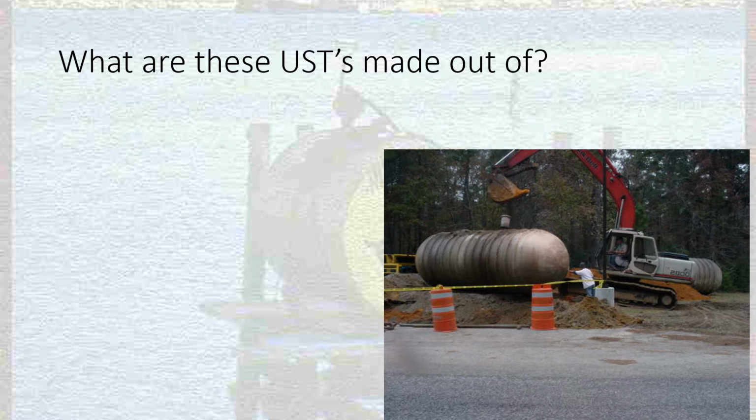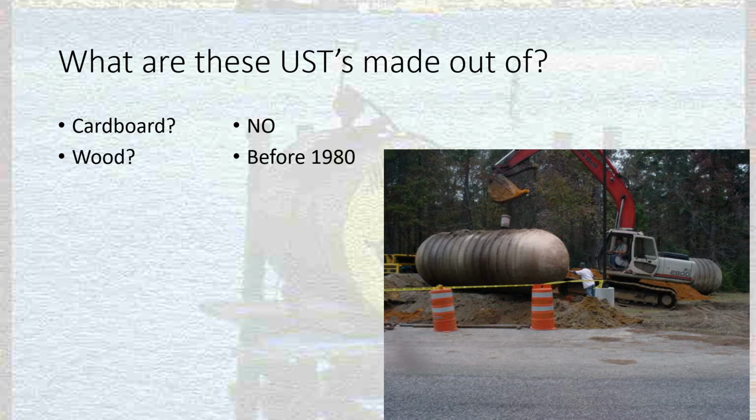What are these USTs made out of? Cardboard? No. Wood? Actually, before the regulations came into existence, wood was a common way that they would put these tanks in the ground. They would just make barrels, basically, put those in the ground, and they could fill them up with gas, oil, whatever.